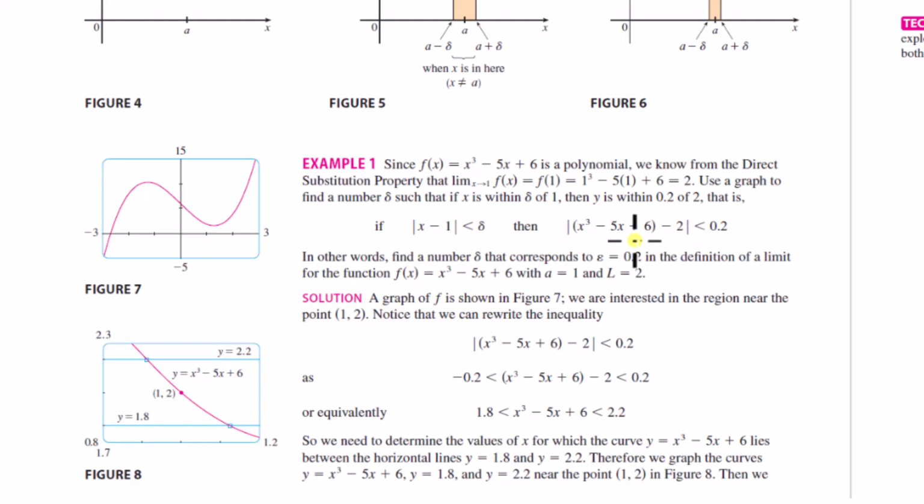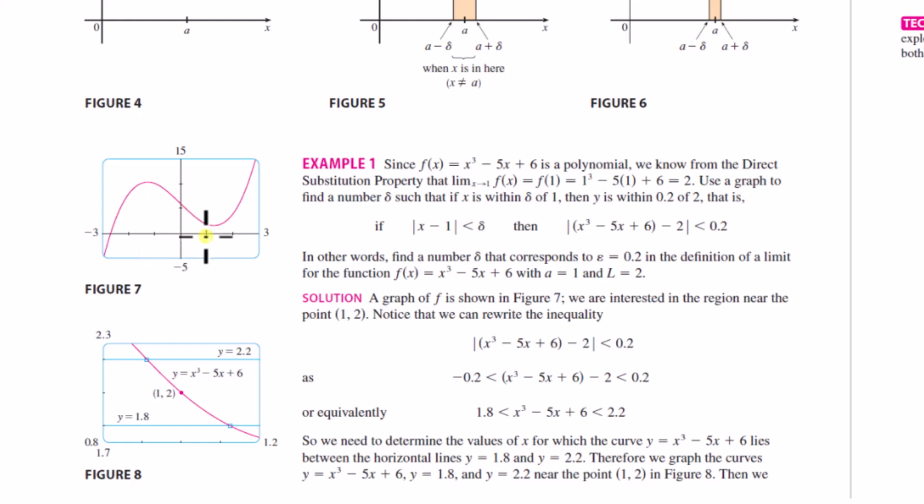The difference between the function and 2, but the absolute value in either direction. But the distance above or below that value of 2 is less than 0.2, right? So that's what this compound inequality is saying. The function f of x in the middle, there's f of x. All of the outputs of f of x that are less than 2.2 or greater than 1.8, plus or minus 0.2 from 2.